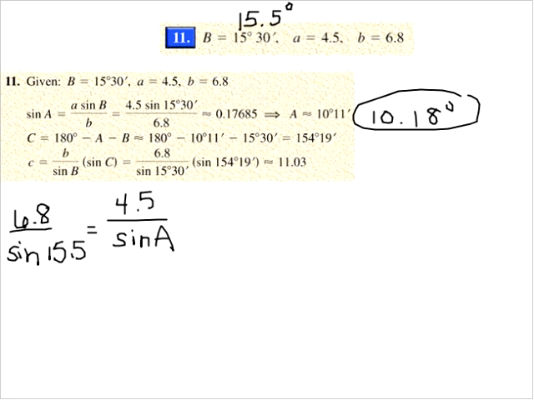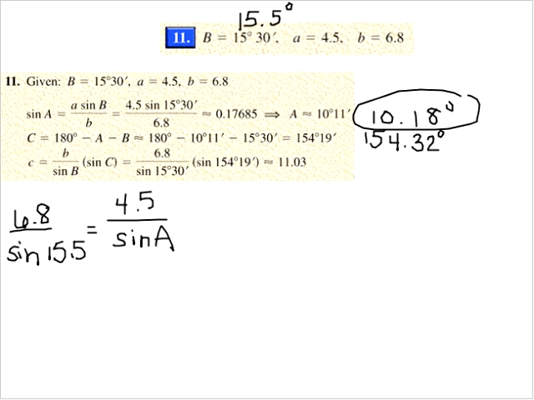For angle C, just subtract from 180 then. So 180 minus 15.5 minus 10.18 gives me about 154.32 as a decimal there. You don't have to leave your answers written in minutes.